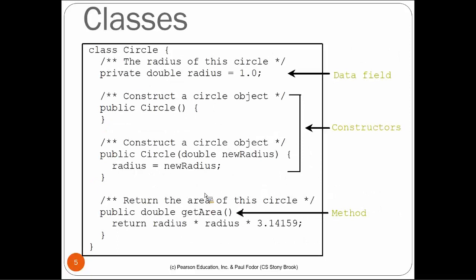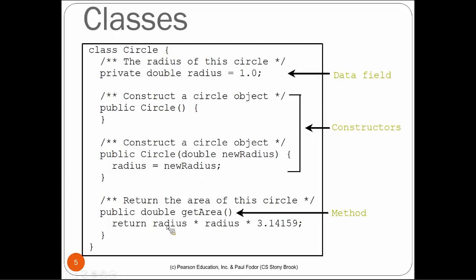So let's go directly into coding. So we have the class circle. The class circle has a double data field radius equal to 1.0 by default. We have two constructors, a constructor for circle that creates a circle with the default radius, and a constructor for circle that takes a new radius and assigns to the data field radius the value of this new radius formal parameter.